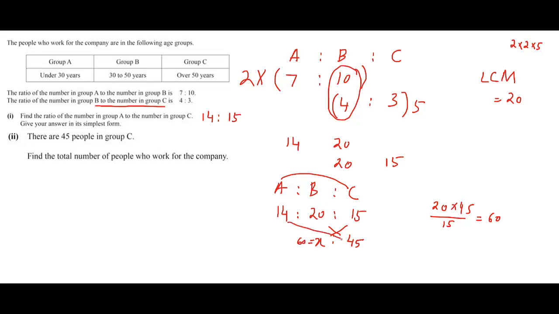Now doing cross multiplication with this, let me call this Y. So it will be 14 into 45 divided by 15. It is 42. So the total people are 42 plus 60 plus 45. So it's 147.